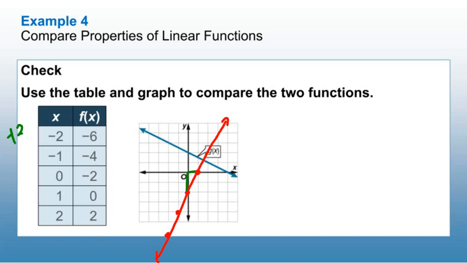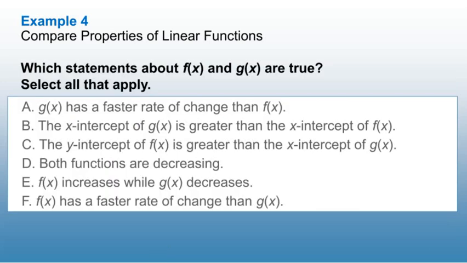And the other one goes down 1 over 2, so this would be 1 over 2 for g of x. So we would say f of x has a greater rate than g of x. So this first statement, g of x is faster, that is not true.